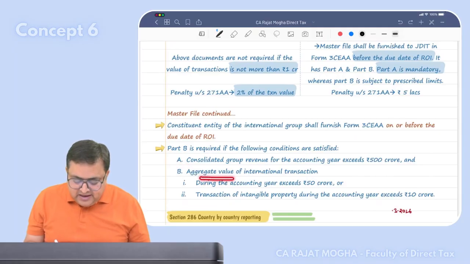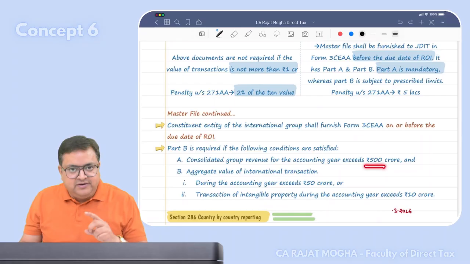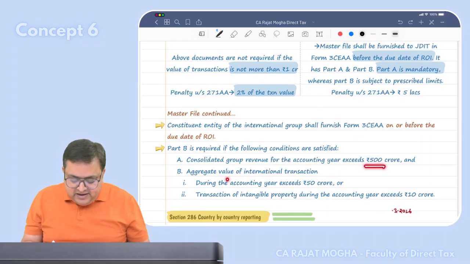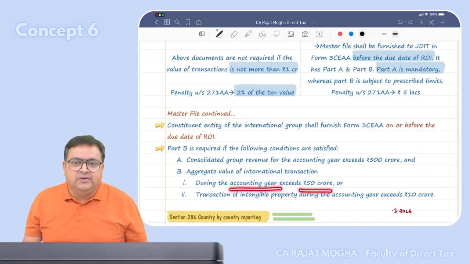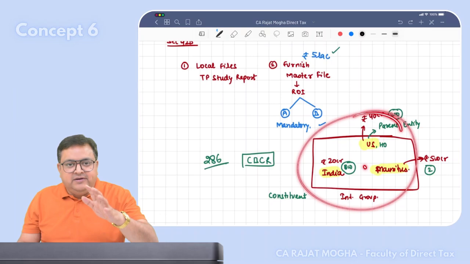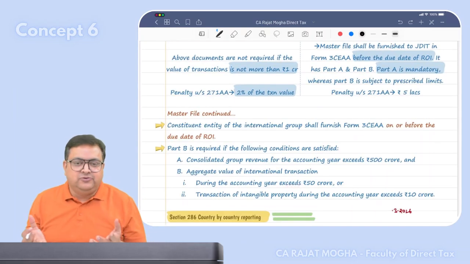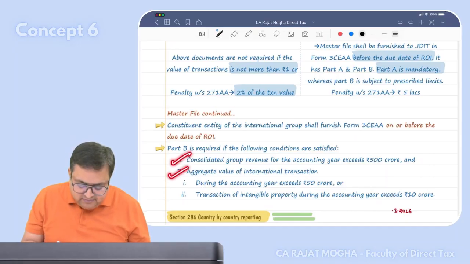Second, the aggregate value of international transactions during the accounting year exceeds 50 crore. So if the consolidated group revenue exceeds 500 crore, but the value of transactions does not exceed 50 crore, then part B is also not required.